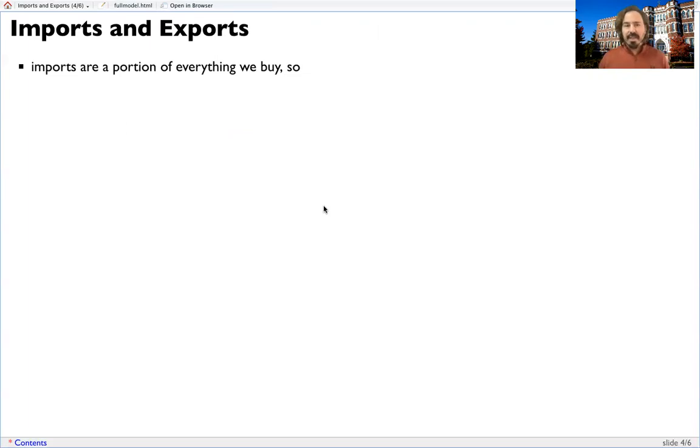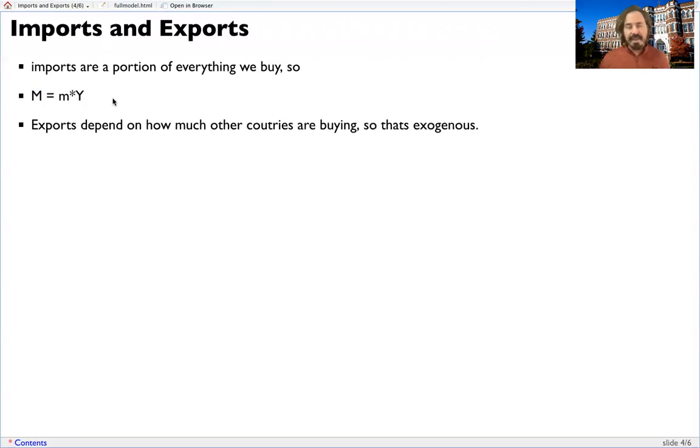Imports are a function of income. As you buy more stuff, you buy more imports, right? So generally in the United States, about 14 or 15% of everything we buy is imports. So imports are a portion of income. So we could say the total amount of imports equals whatever portion of the stuff you buy is imports times your income, your GDP. And exports, we don't really determine how much we're exporting.